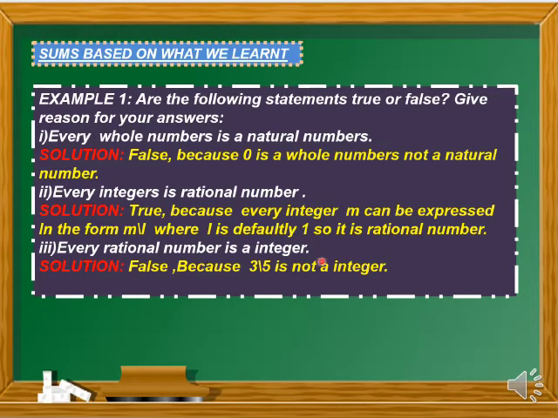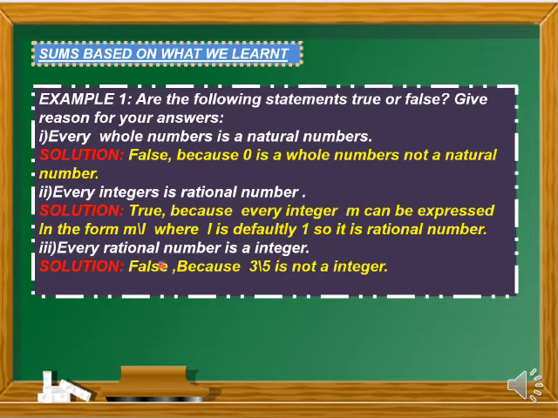Third subdivision: every rational number is an integer. Again, a rational number is p by q, where p and q are integers and q is not equal to 0. Integers are numbers that are positive, negative and 0. Solution: false, because 3 by 5 is a rational number but not an integer.